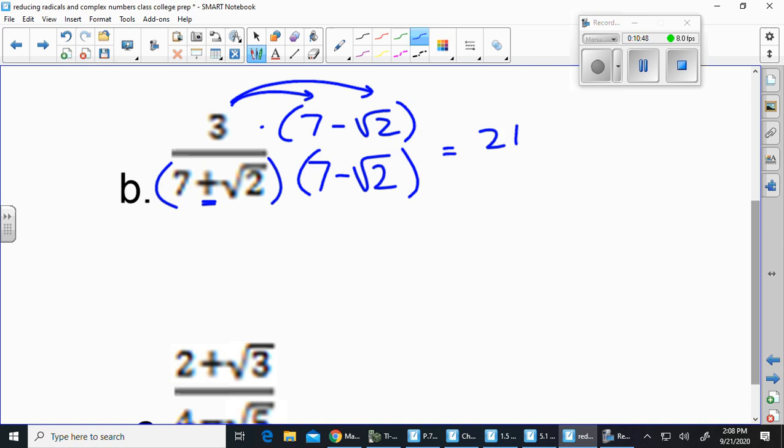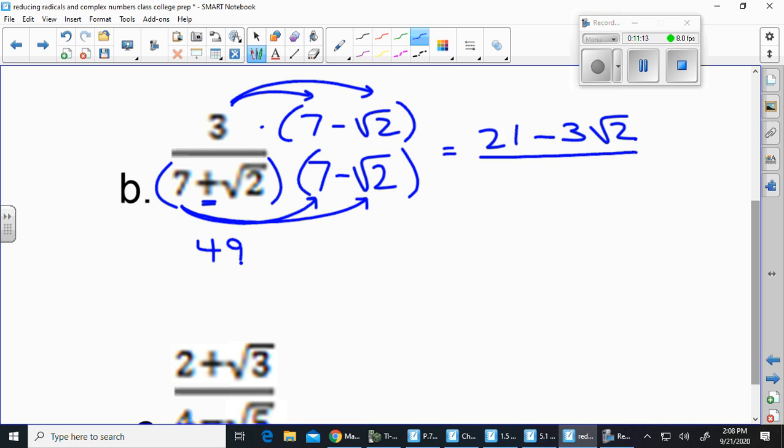Remember, you can multiply anything times anything, but a number outside a radical is not going to go under the radical. 3 times square root of 2 is 3 times square root of 2. Sort of like 3 times x. So then here, 7 times 7, 49. 7 times a negative square root of 2 is a negative 7 square root of 2.